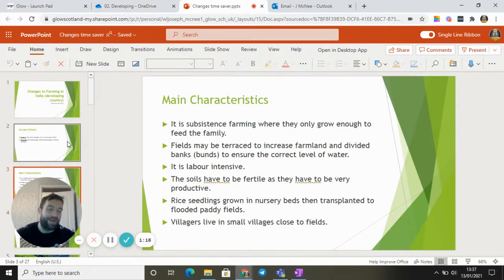Everything is done by hand, so it's very labour intensive. The soils have to be fertile because they're very, very productive. It's such a short growing season. The rice seedlings are grown in nursery beds, then moved to the flooded paddy fields, and the villagers live very close to the farm, so they can walk there and work there, and everybody helps each other out.